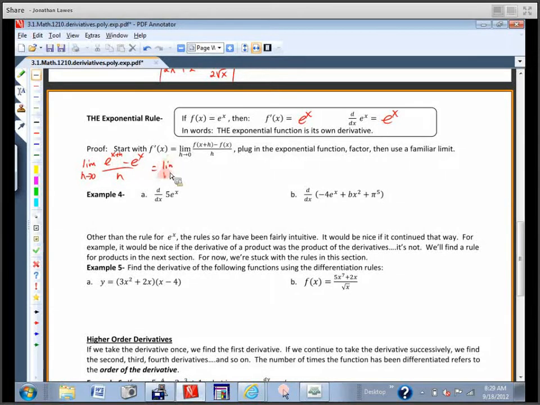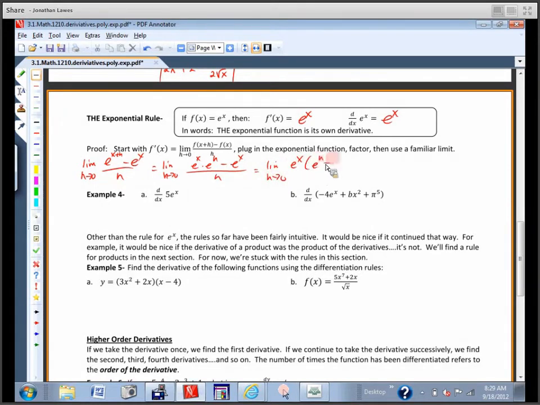Our function is e to the x. So our derivative is going to be the limit as h approaches 0 of e to the x plus h minus e to the x over h. I then recognize that this can be rewritten as the limit as h approaches 0 of. Now again, we don't normally do this. We're normally interested in putting exponents together, not breaking them apart.